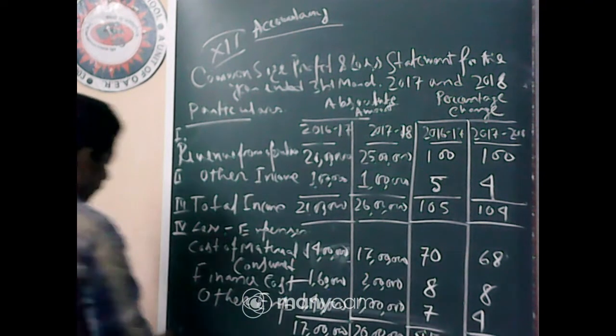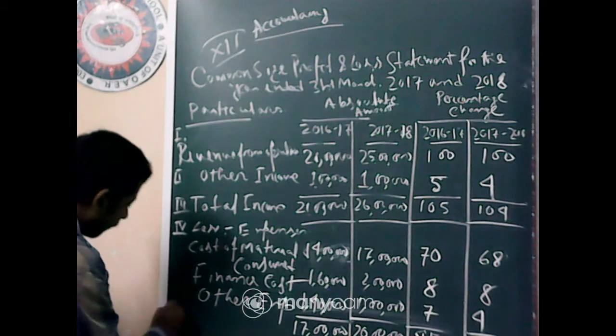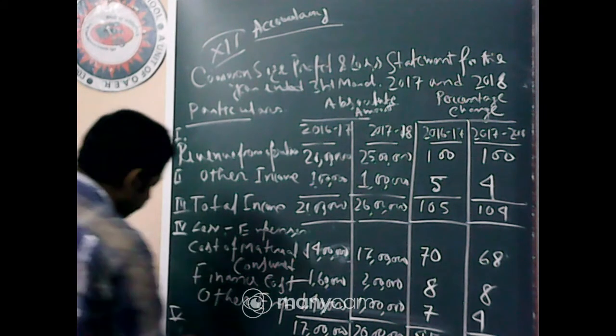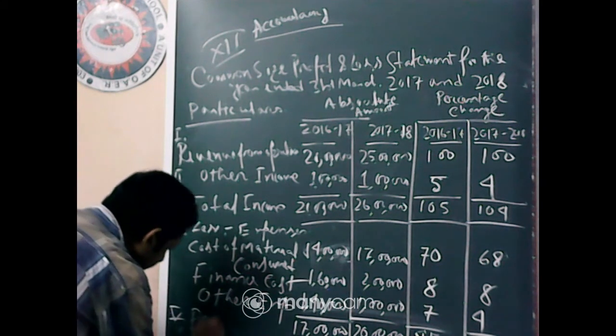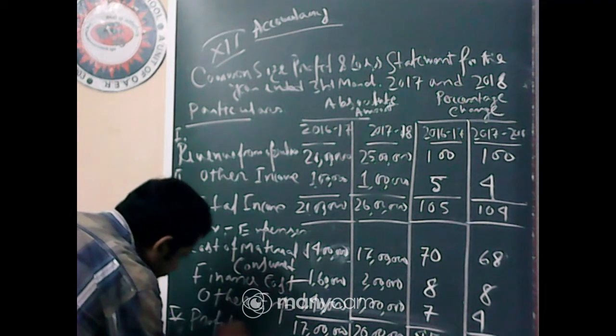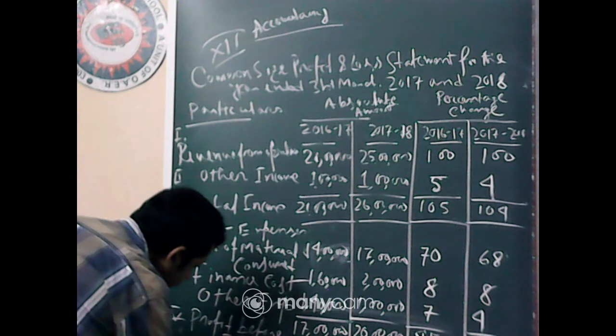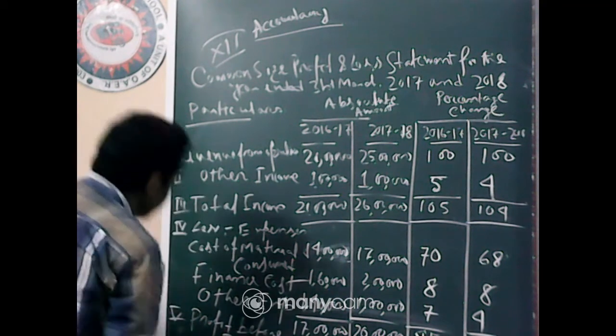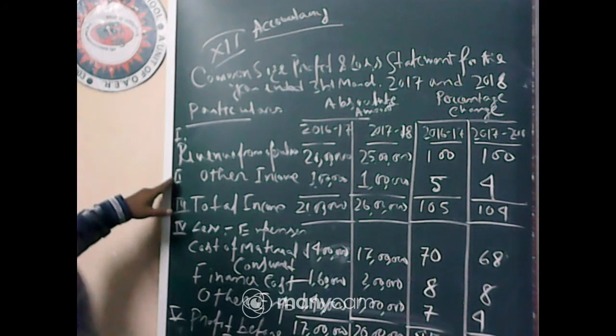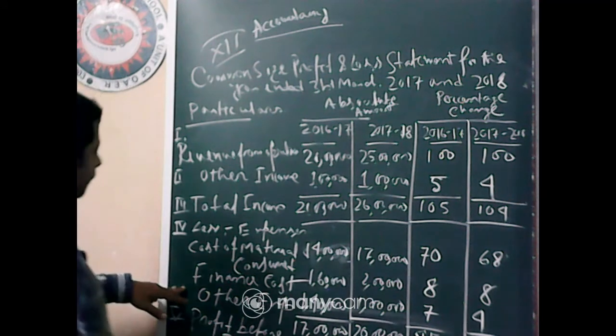Now number 5, profit before tax. Now how will profit before tax come? From your total income you have to less your total expenses.